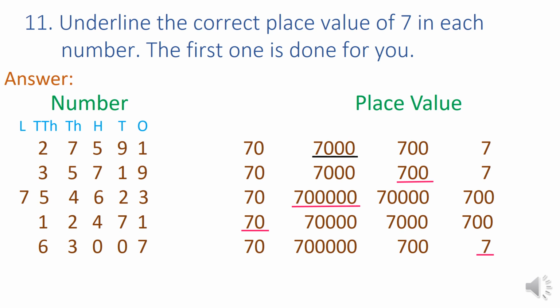Our next number is 7,54,623. In this number, 7 is in the lakhs place. So the place value of 7 in 7,54,623 is 7 lakhs.